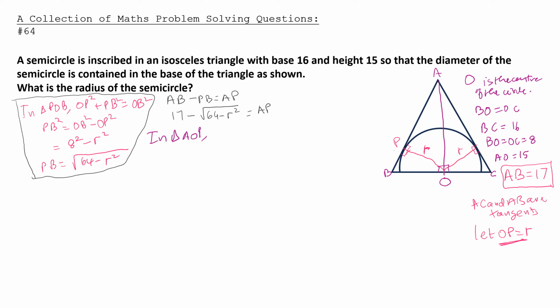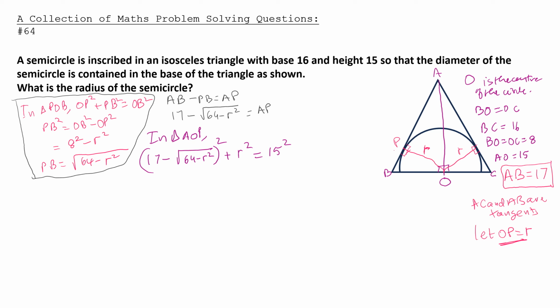So we can say AP square, so 17 minus root 64 minus r square, and the square of this, plus r square should give me AO square, which is 15 square. So I have to solve what r is from here. Looks a bit difficult, but let's get on with it.